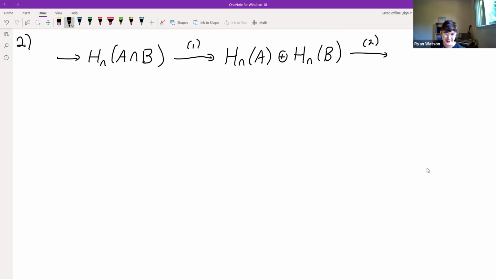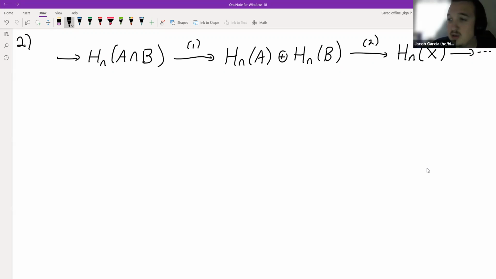So that's map number 1. Okay, so almost. That's not what I'm looking for. The Mayer-Vietoris sequence actually has a specific map 1, but maybe it'll be more clear if we talk about what map 2 is.